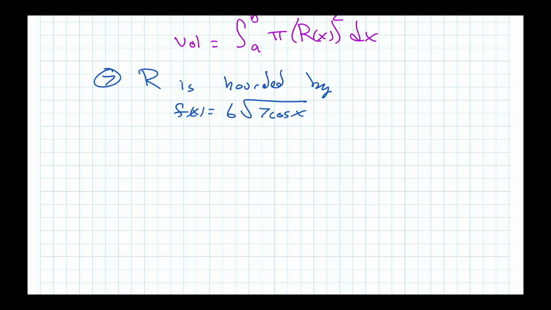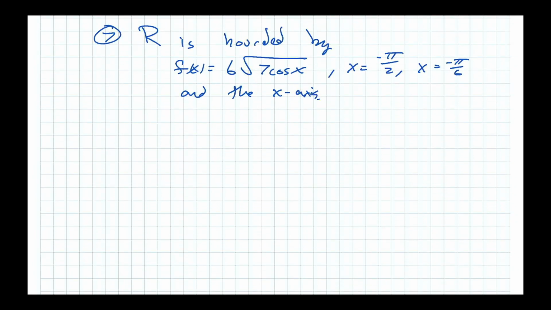They like square roots here, by the way, because they know you're going to square this anyway, and that's going to make the square root go away. x equals negative pi over 2, x equals negative pi over 6, and the x-axis. So disk method, and we're rotating around the x-axis, which is what I drew in the picture as well.